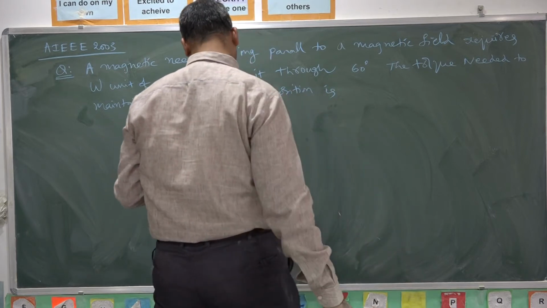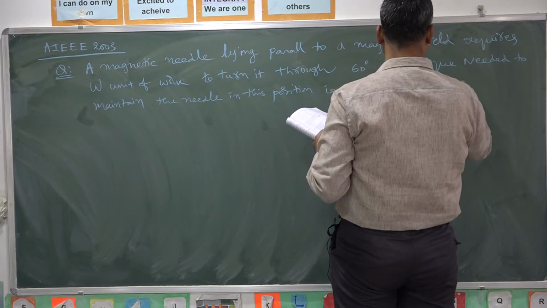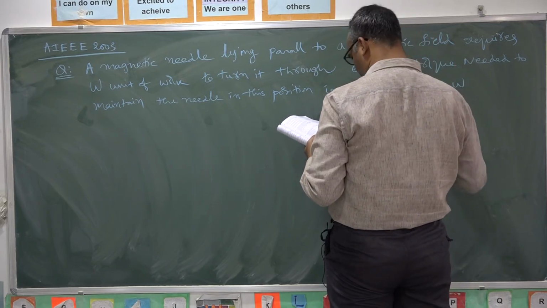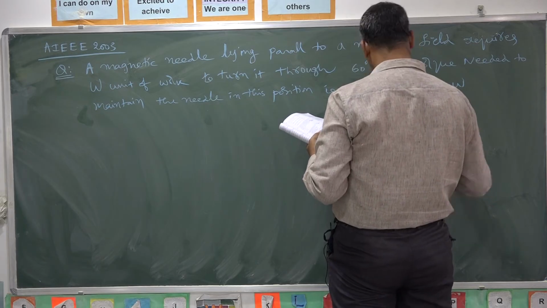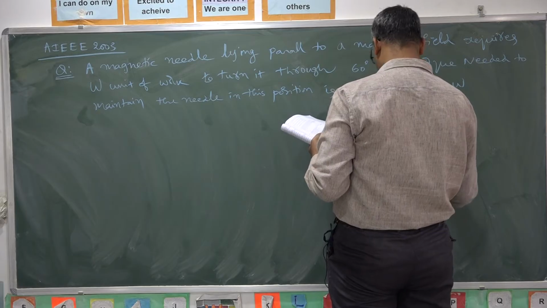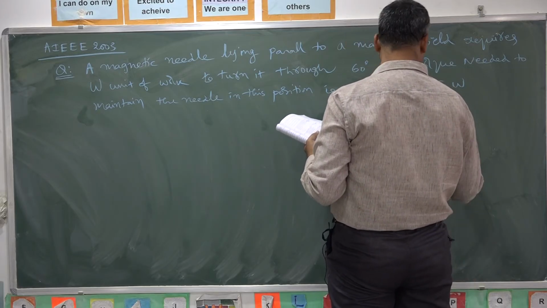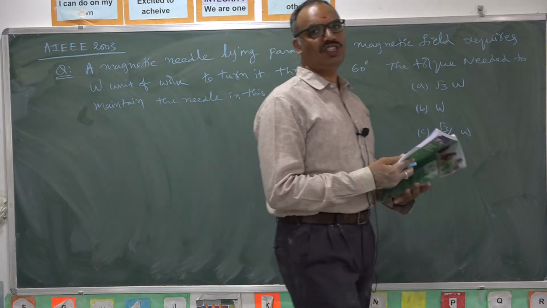This is the question. They gave options: root 3 W, W, root 3 by 2 W, option D, 2 W. These are the options for the given question.